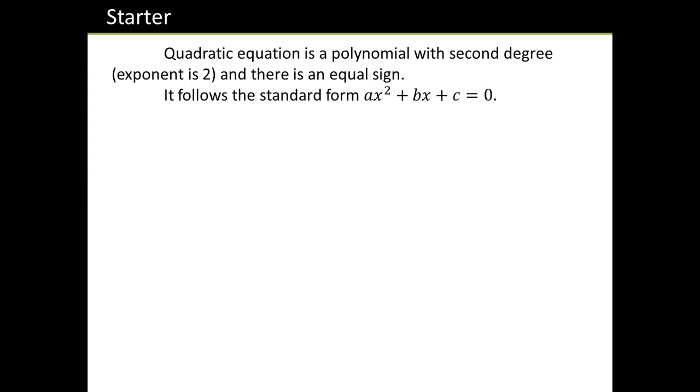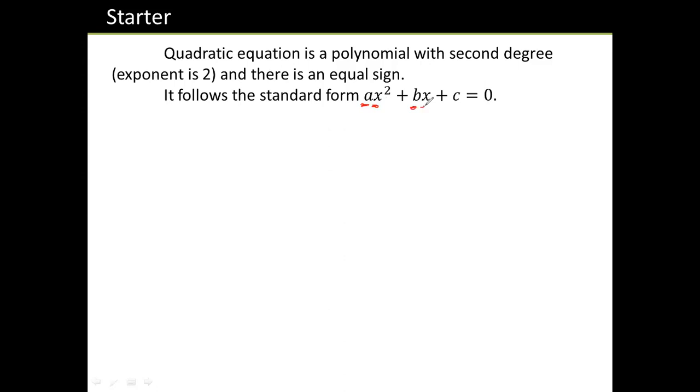Quadratic equation follows a standard format: ax squared plus bx plus c equals 0. a should not be equal to 0 in that case. We remember in our polynomial, a is the coefficient of x squared. b is the coefficient of the variable x.